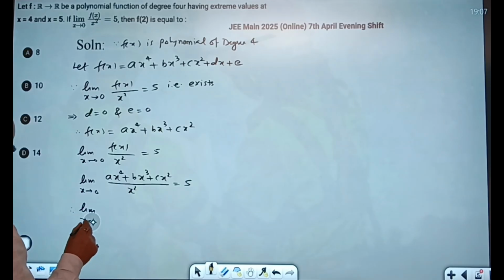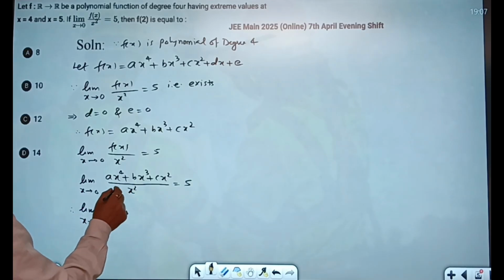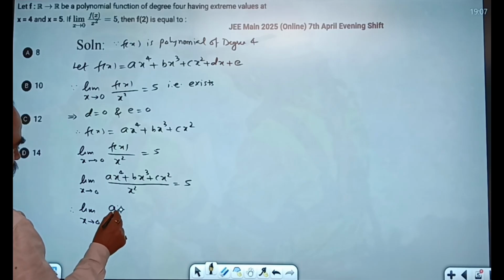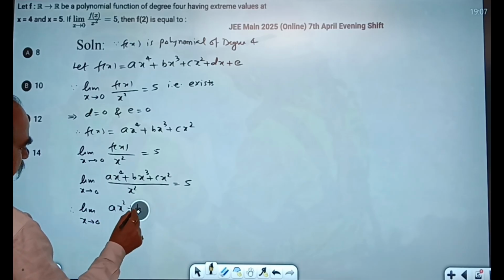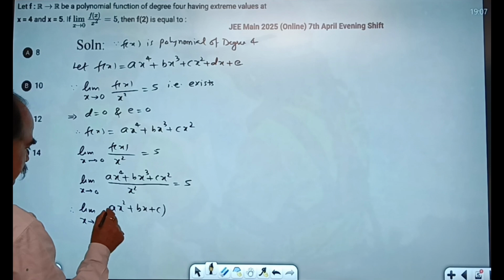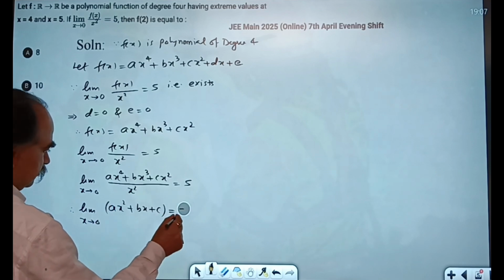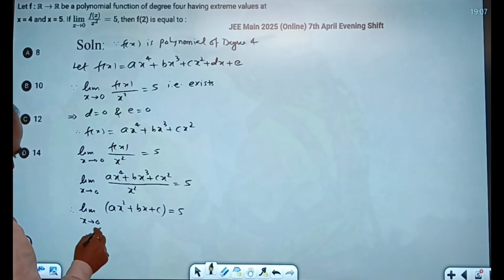So x square common will get cancelled: ax square plus bx plus c is 5.